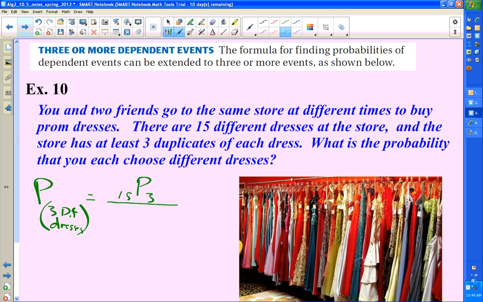My question is, how many ways could the three of you come back with dresses? Nope, I just want to know how many ways you could get dresses. The different dresses is on the top. How many ways could the three of you come back with dresses?